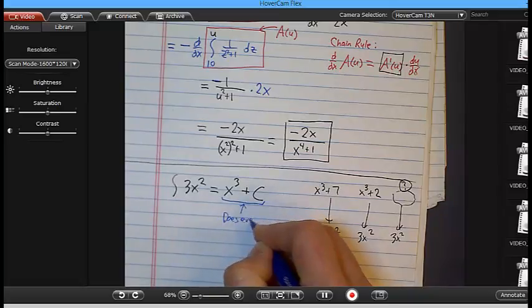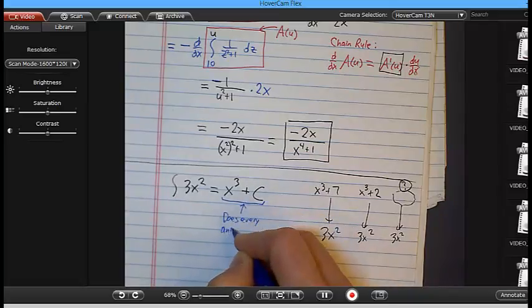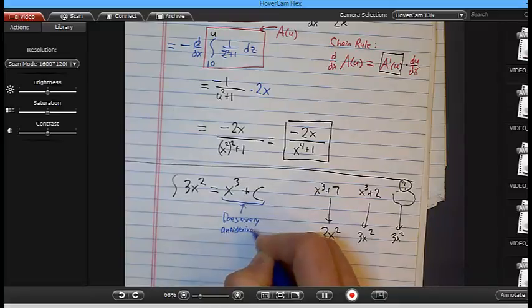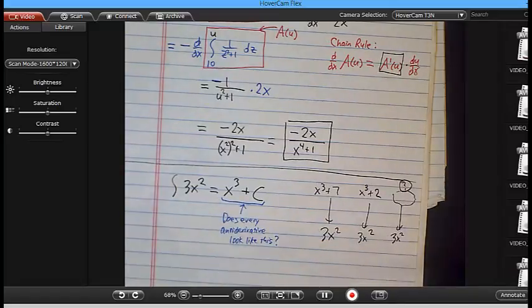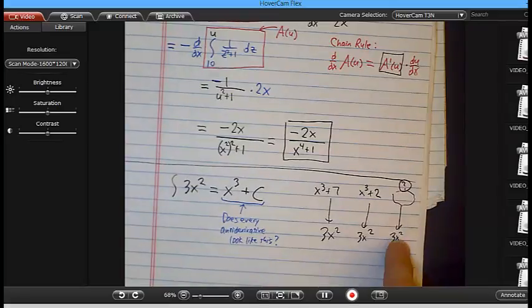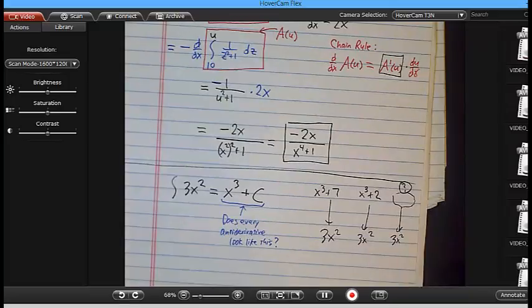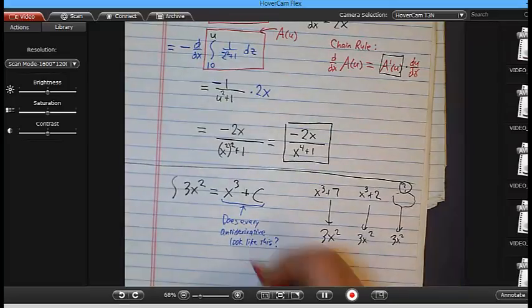Does every antiderivative look like that? Or could it be like, I don't know, you take the sine of x minus, you take some other function and take its derivative and you get 3x squared. Something that we're not thinking of. Well, the answer to my question, does every antiderivative look like this, is yes.